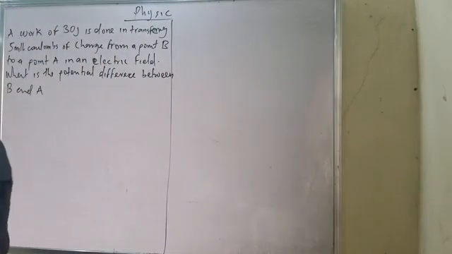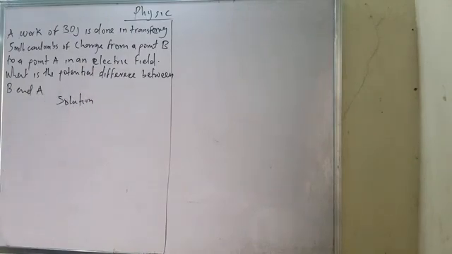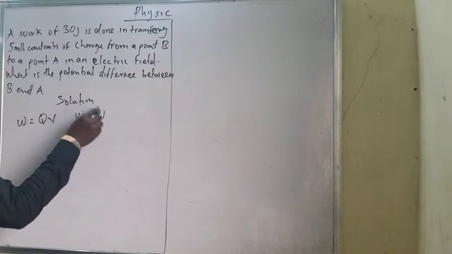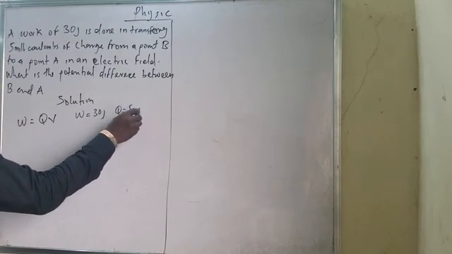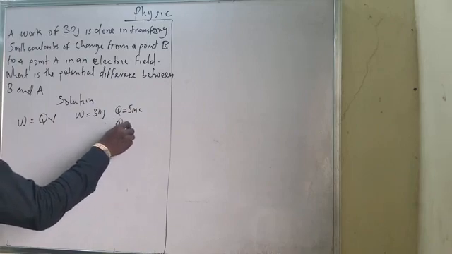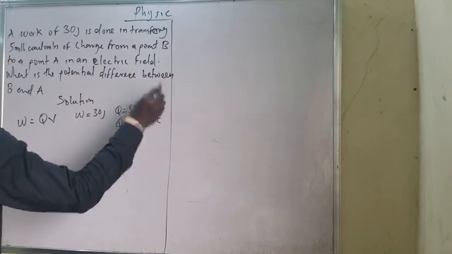Now, how do I solve this problem? I've told you that work done equals quantity of charge times volts. Now, I have my W, which is the work done, 30 joule, and I have the quantity, which is 5 millicoulomb, which can also be written as Q equals 5 multiplied by 10 raised to power minus 3 coulomb.